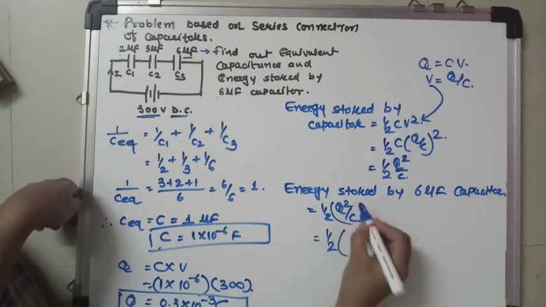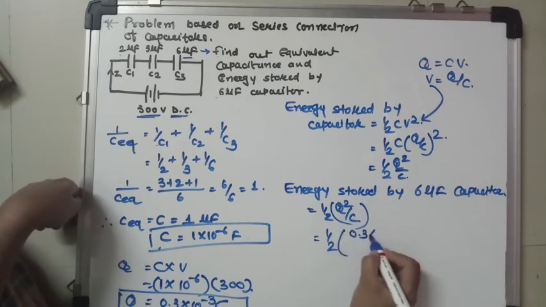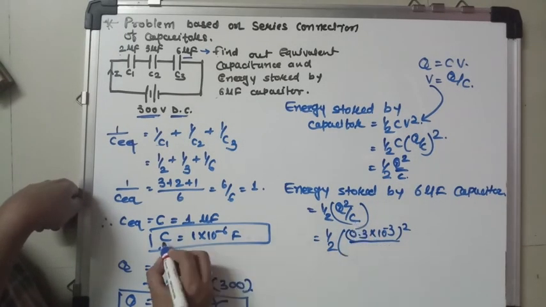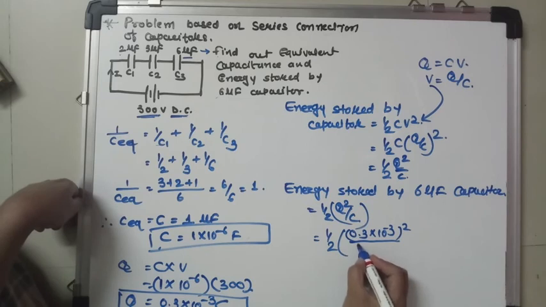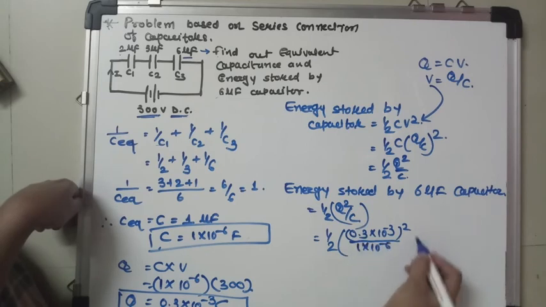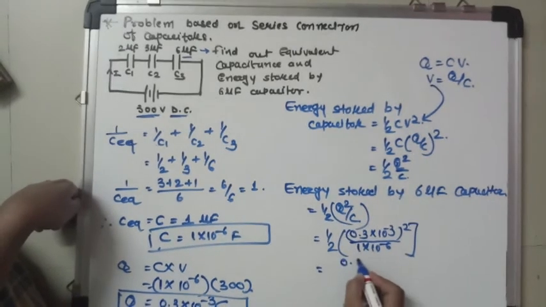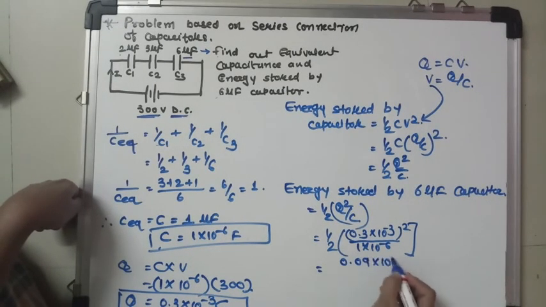Now Q square, so (0.3 into 10 raised to minus 3) square divided by, substituting the value of C, the equivalent capacitance, 1 into 10 raised to minus 6. So see here, 0.3 square is 0.09 into 10 raised to minus 6 divided by 2 into 10 raised to minus 6.